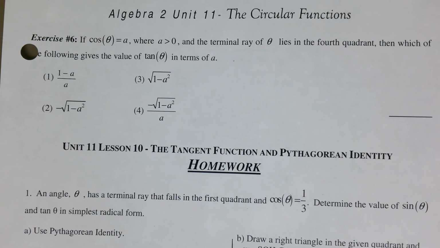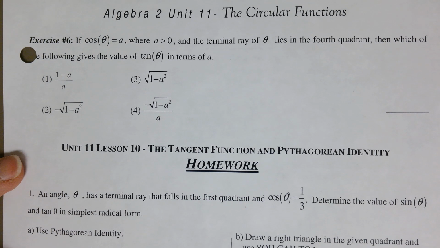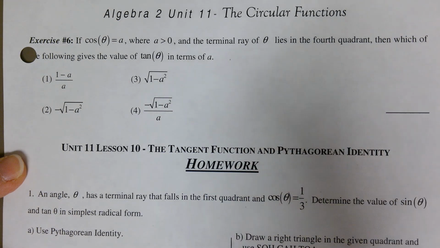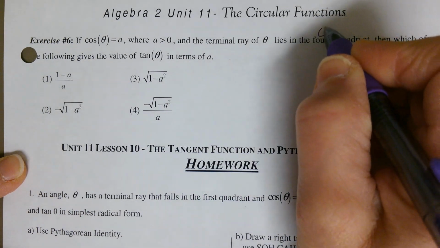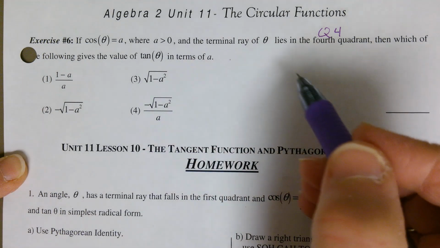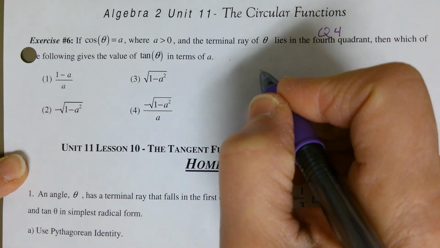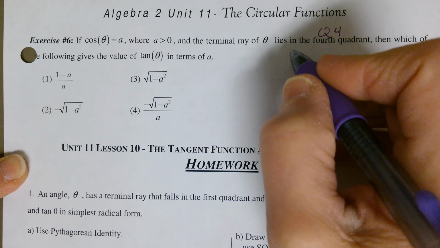And our last exercise, number 6. If cosine of theta equals a, where a is greater than 0, and the terminal ray of theta lies in the 4th quadrant, then which of the following gives the value of tangent theta in terms of a? We'll use our Pythagorean identity.